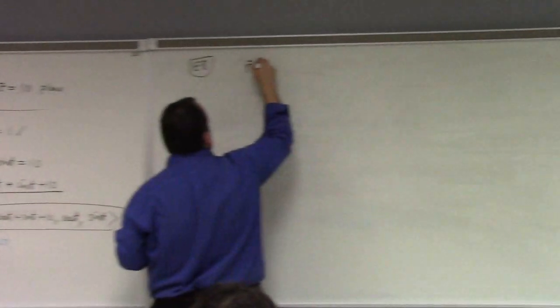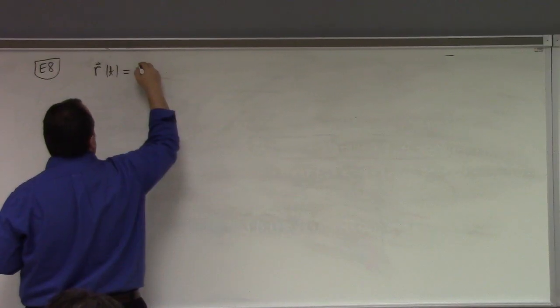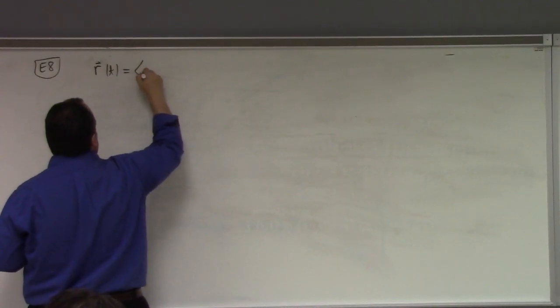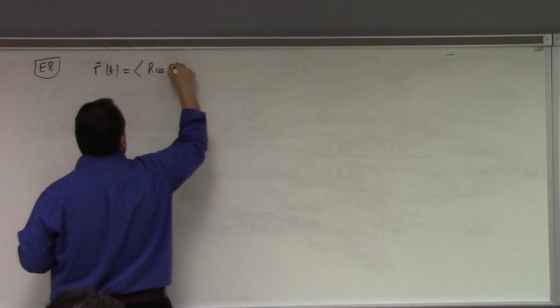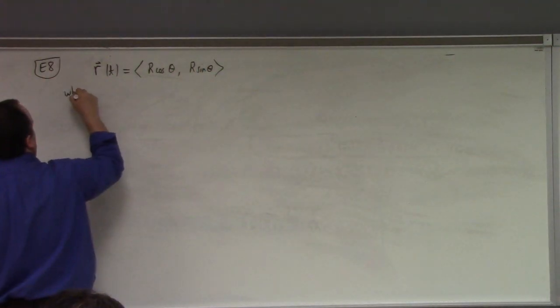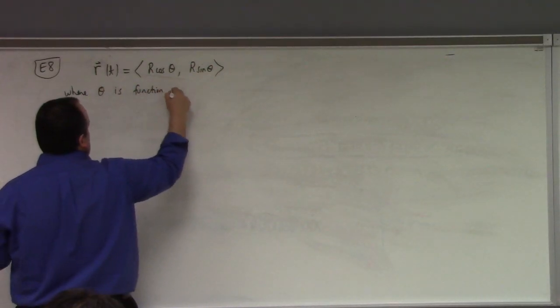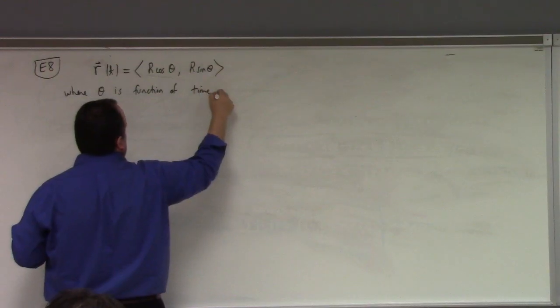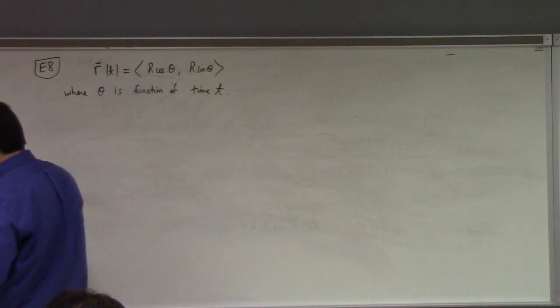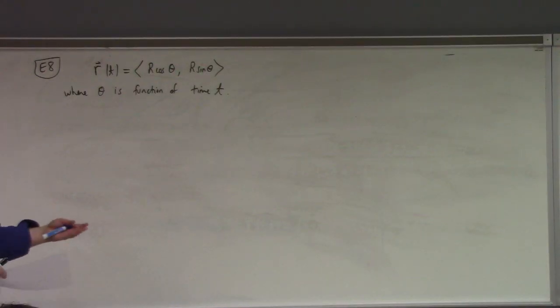So we can say r of t is, let us suppose, r cosine theta, r sine theta, where theta is a function of time t. So I'm being a little bit cagey here. I'm just telling you that we know it's going in a circle, but we don't really know how fast it's going in a circle.